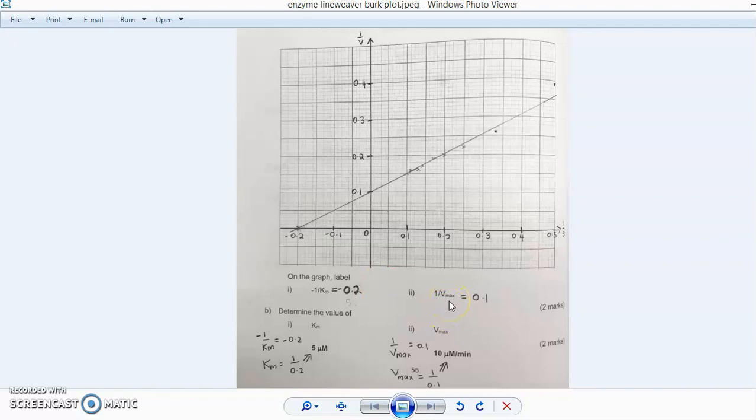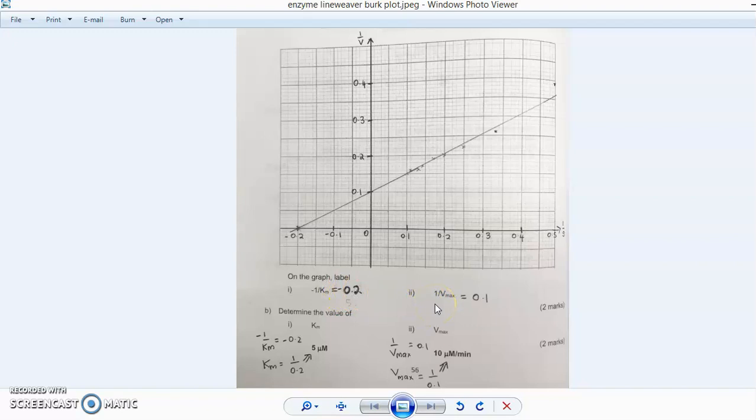So the first thing first, once you already label, identify 1 over Km and 1 over Vmax, then you can determine the value of Km and Vmax. So my value for 1 over Km is 0.2 because it intercepts the x-axis 1 over S. So the value is minus 0.2.